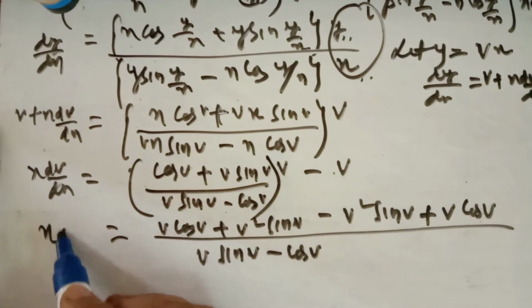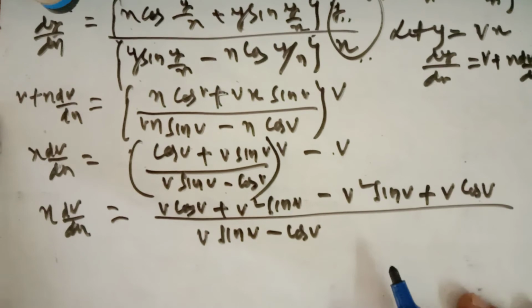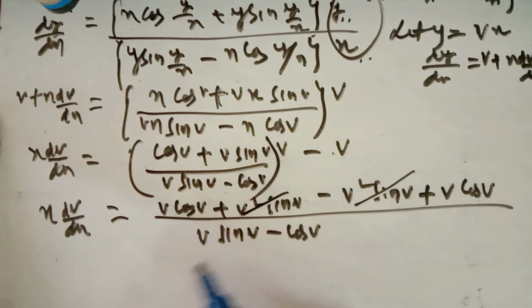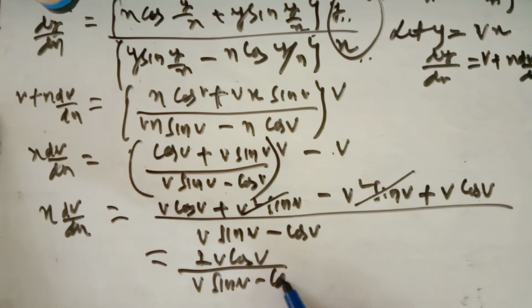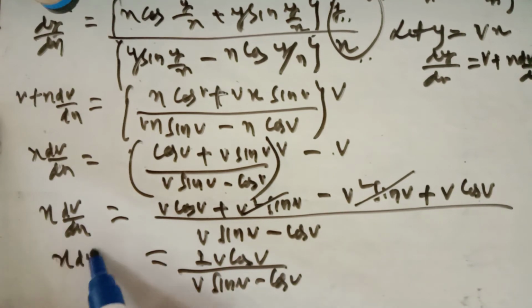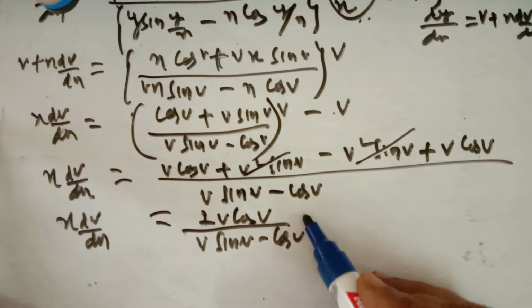Integration will become somewhat easy. Here the arrangement is somewhat difficult. So this will be cancelled out. You are getting 2v cos v upon v sin v minus cos v. So now you can arrange it by cross multiplying.